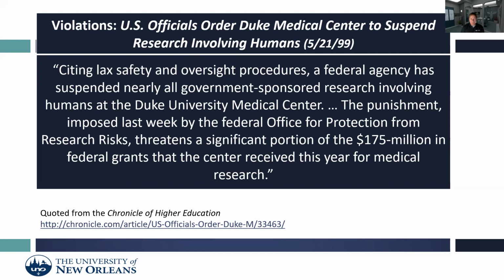It did threaten a significant portion of their federal grants. The physician involved in this particular research lost his license, at least in North Carolina, for a period of 1 year.